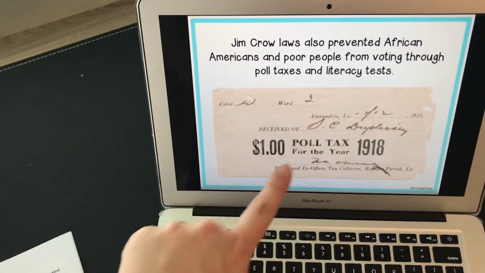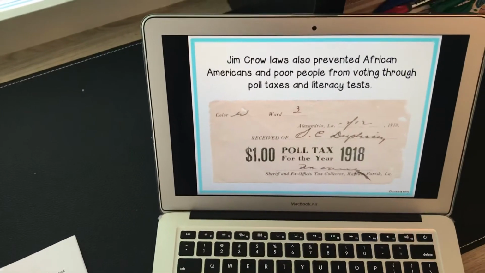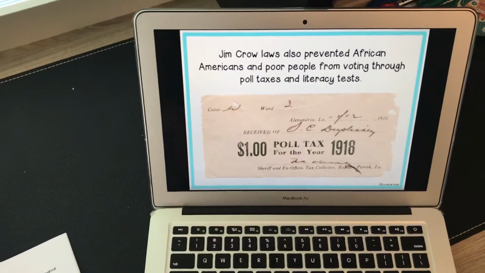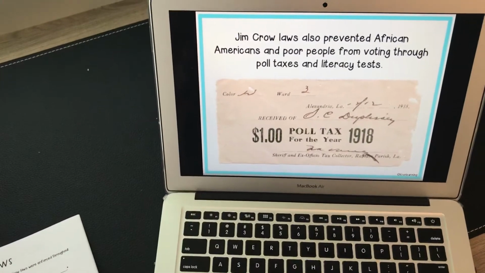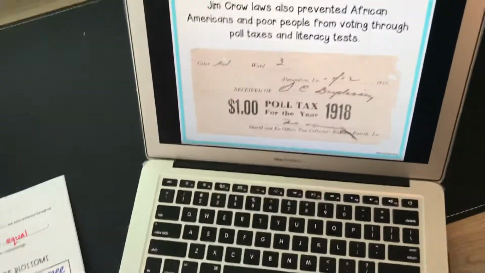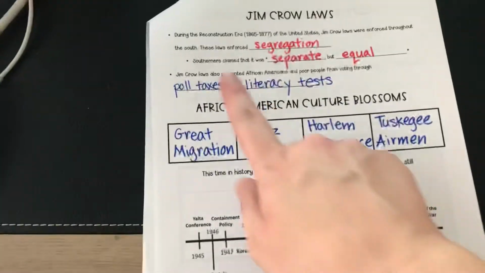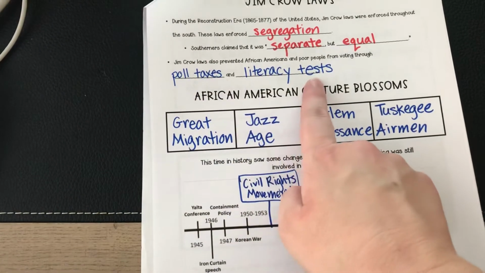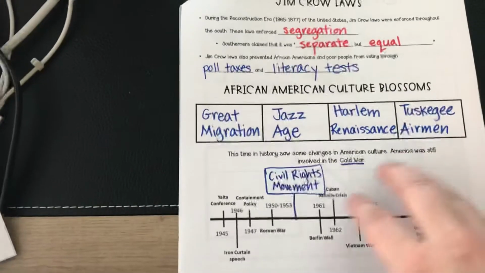And it says you had to pay $1, and then you also had to pass a reading test. So we now know that this is wrong. In the Constitution, it does not say that you have to be able to read and write. You did not have to pay money, but you would have to do that in order to vote at this time. So that was very wrong. So in here we put poll taxes and literacy tests. So hundreds of thousands of people couldn't vote because of this time.